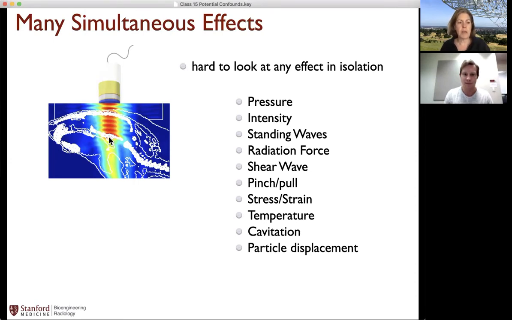We talked a little bit about radiation force. If there's a nice focus, you can have a force that gives rise to stresses and strains. Some of the tissue is going to be pinched while other tissue is going to be pulled. There are shear waves happening at the same time. Whenever a focus gets pushed, shear waves develop from that. There's potentially a rise in temperature.